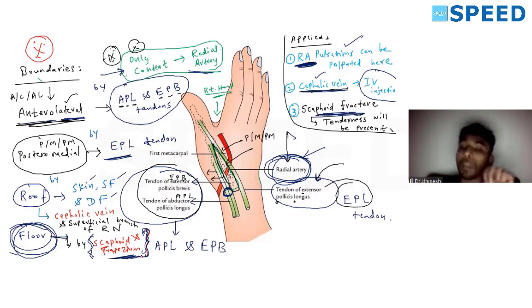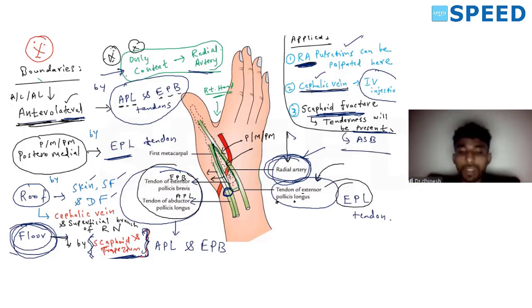The most commonly fractured carpal bone is the scaphoid. So if there is a fracture of the scaphoid bone, tenderness will be present within the anatomical snuff box.